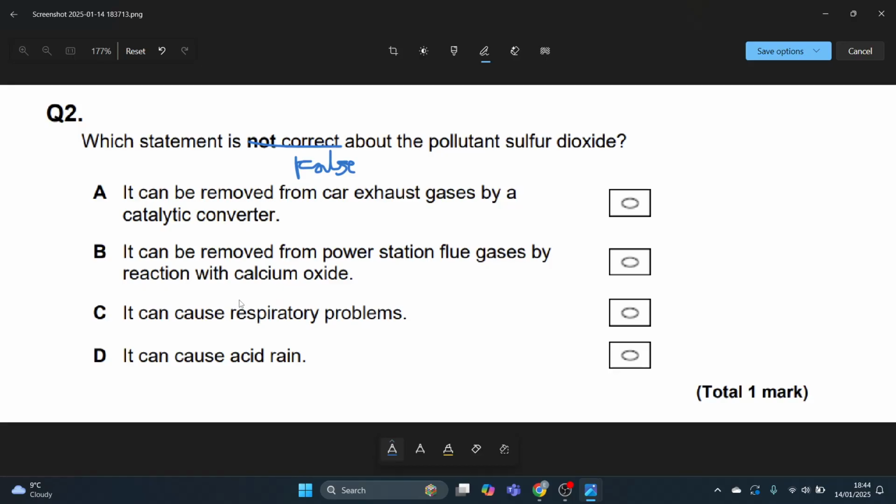It can cause respiratory problems. It can cause acid rain. The acid rain part, sulfur dioxide, yes. Can it be removed from car exhaust gases by a catalytic converter? That is nitrogen oxides. It's not. The answer is A.